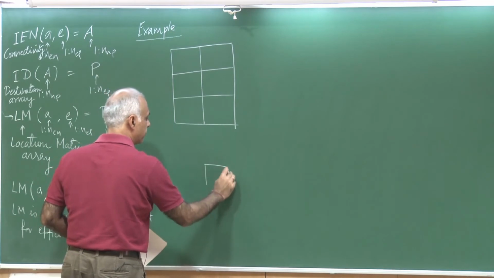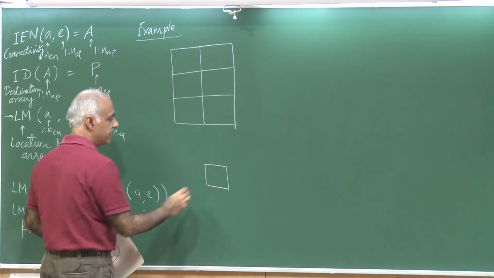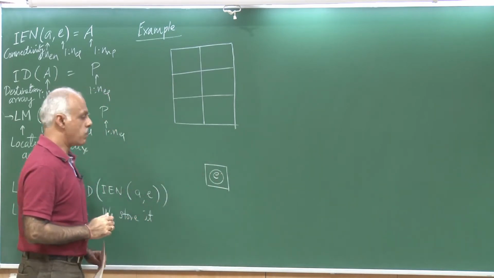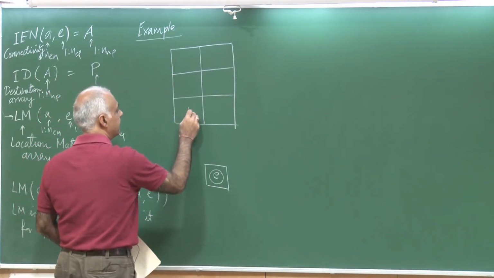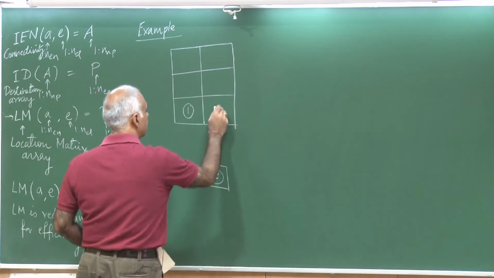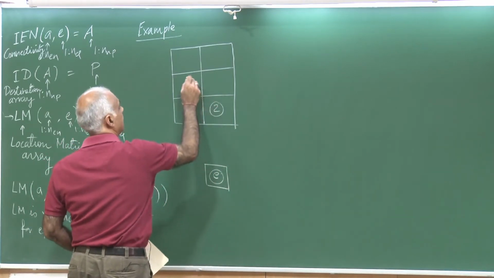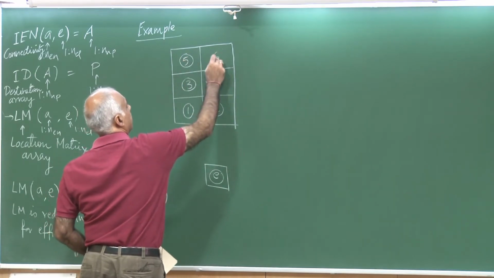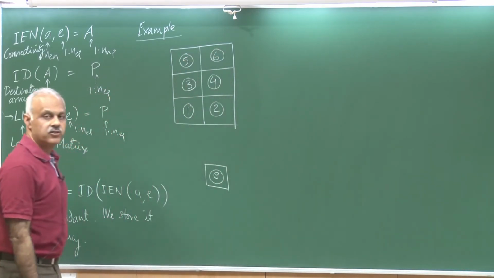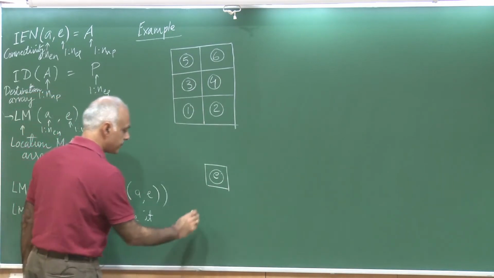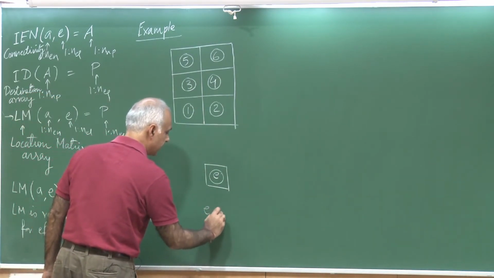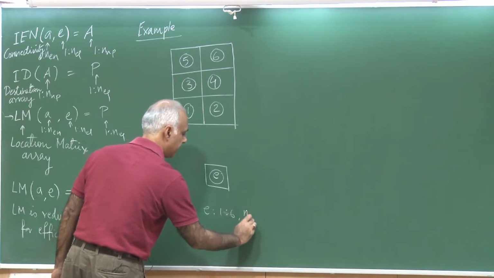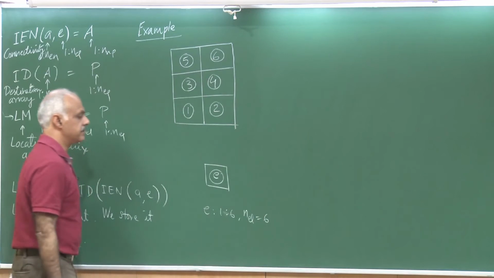So, if I put an element here, typical element, E is the element number, and I am going to write these numbers as element 1, 2, 3, 4, 5 and 6. So, there are 6 elements. So, I will say my E goes from 1 through 6 and my NEL therefore is 6.